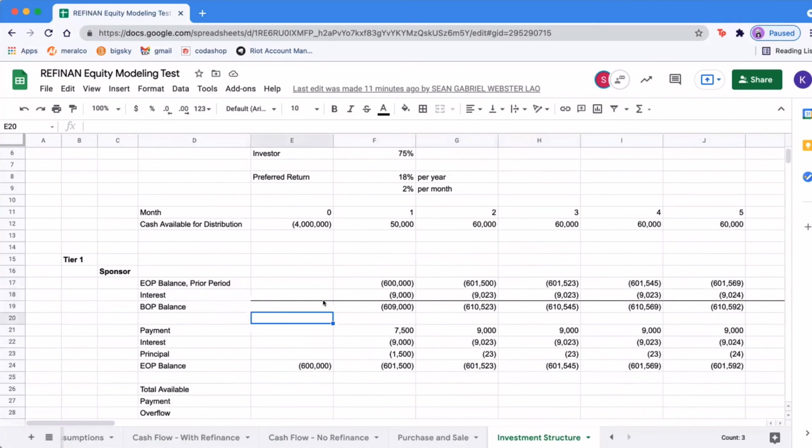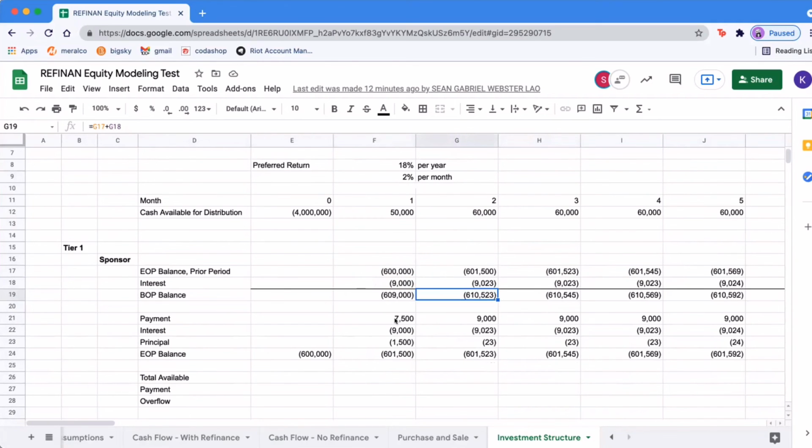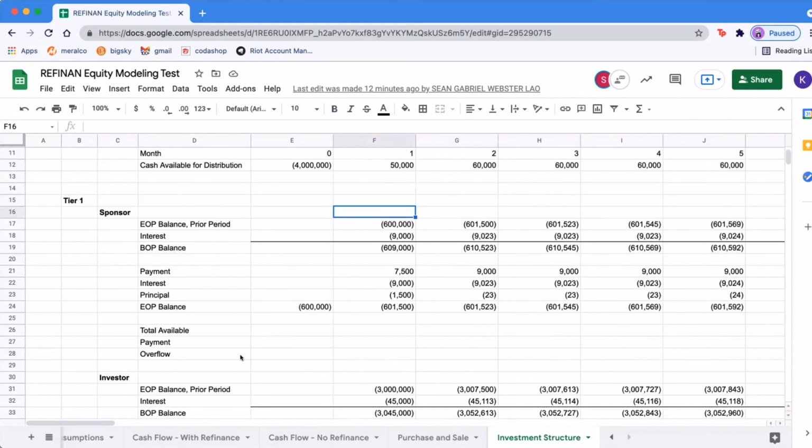The EOP balance was said to be the beginning balance, but the true beginning is when the interest is added. So if you add the EOP balance before and then the interest, that is the true beginning of period balance. So just copy that.